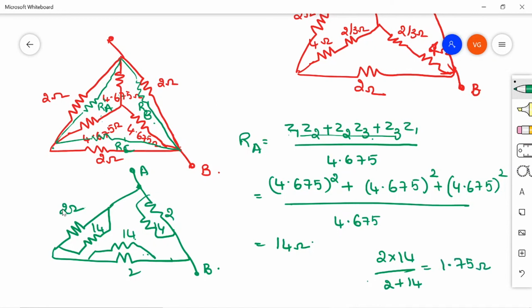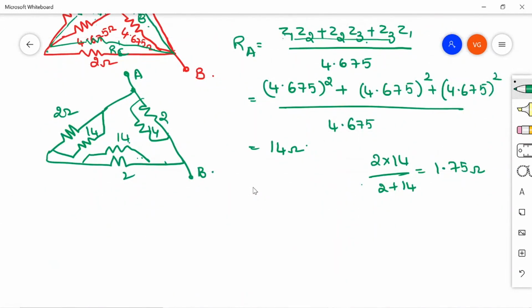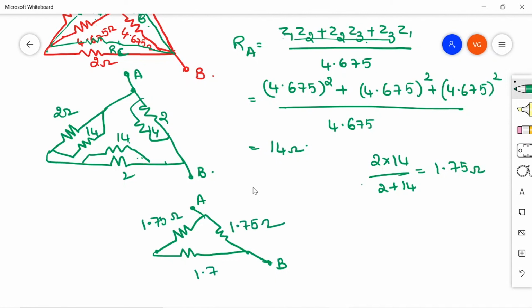So if you replace this parallel combination with a single resistance, what we get here is 1.75, 1.75, and this is also 1.75 ohm. So between A and B here 1.75 ohm and 1.75. Here also 1.75.